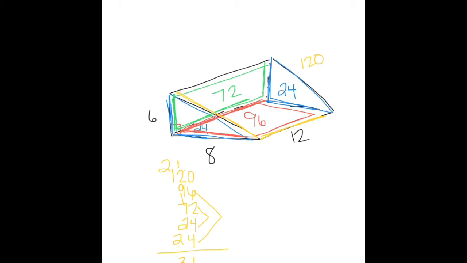Carry my 2, 3. 336. And what did we get? Way easier to do that than it is to find the area of all of the faces and add that together.